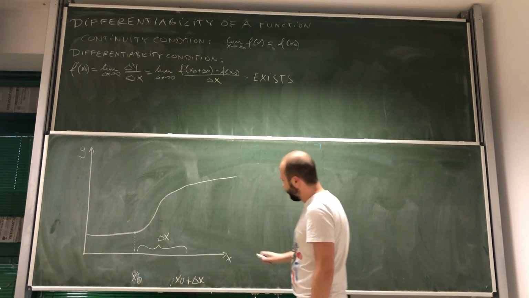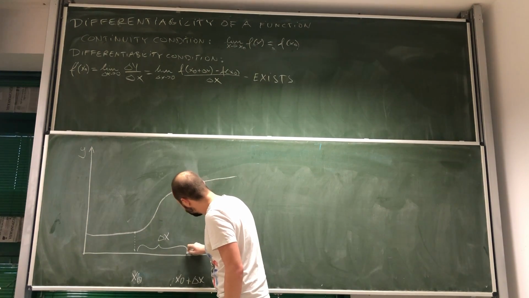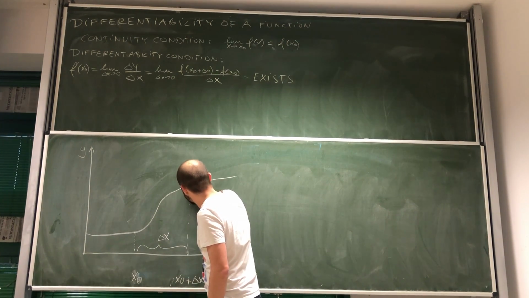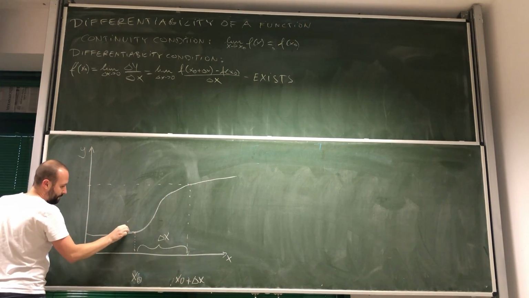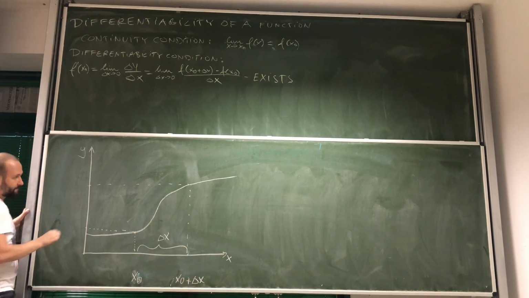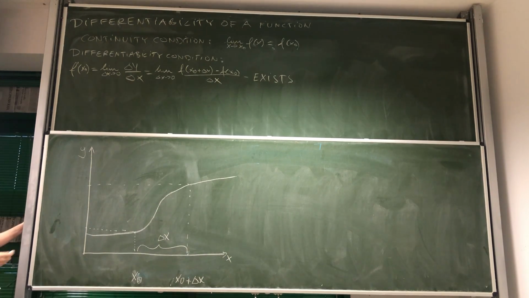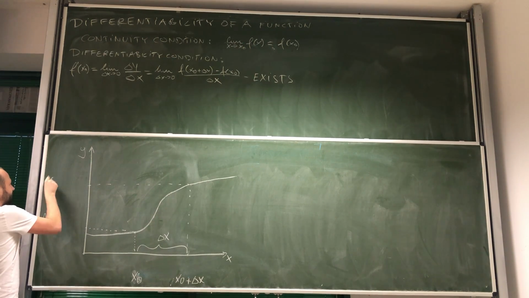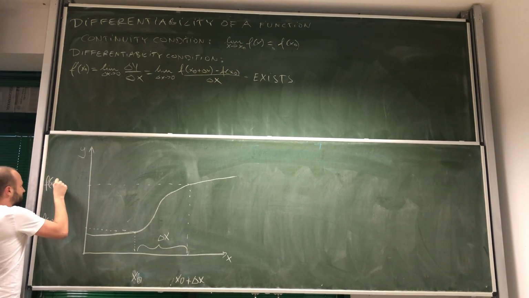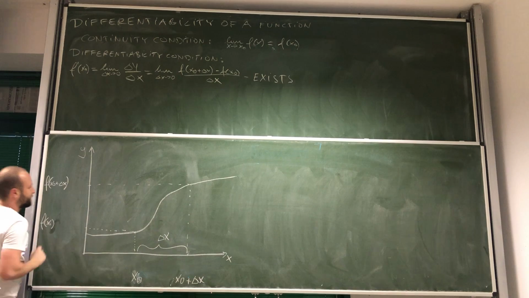And look, for those 2 points on the function, we can calculate the value of the function. Here, it was f of x0, and here, very unpleasant f of x0 plus delta x.